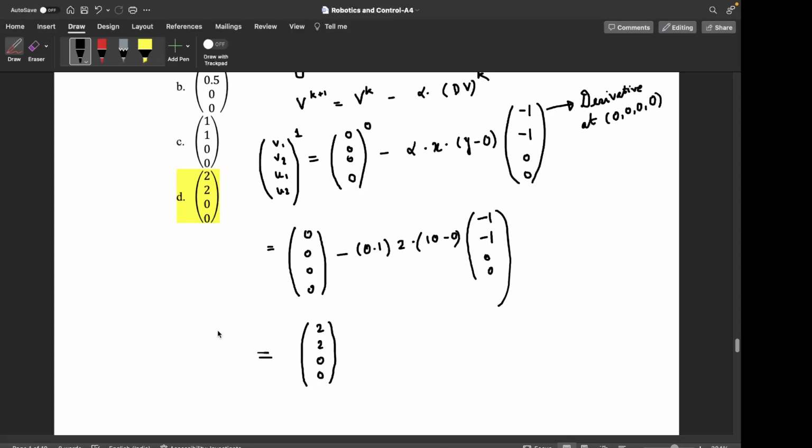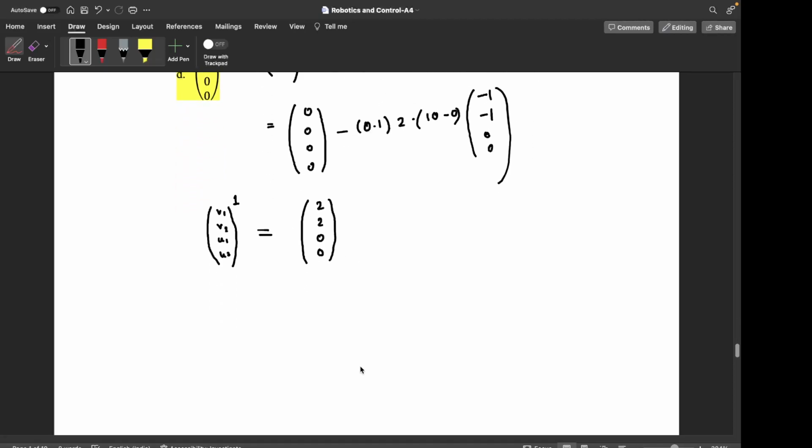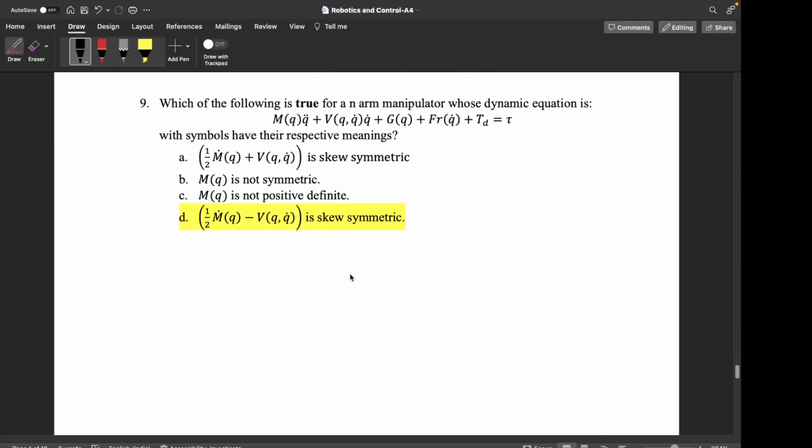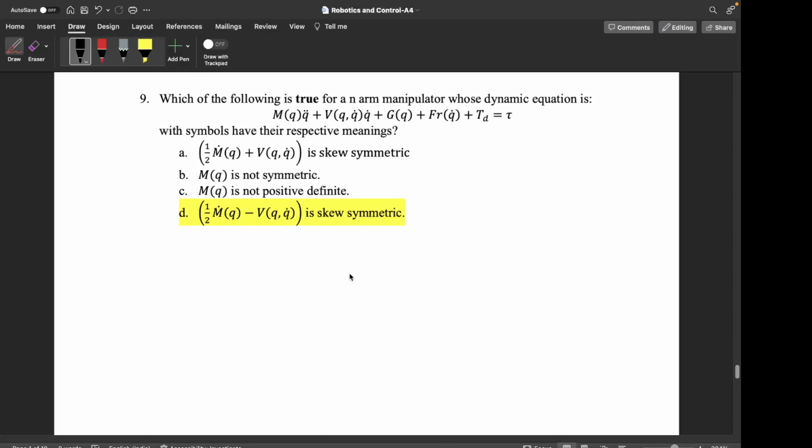So this is the value of the weights of the network after the first iteration. Right, after the first iteration. Okay.